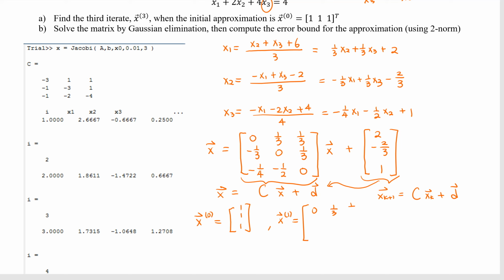Rows: 0, 1/3, 1/3; minus 1/3, 0, 1/3; minus 1/4, minus 1/2, 0; times x0, which is (1, 1, 1), plus d. What is d? d is (2, minus 2/3, 1). So far, so good, everybody. And you can plug this in your calculator. Alright, and let's see, what do we get here?